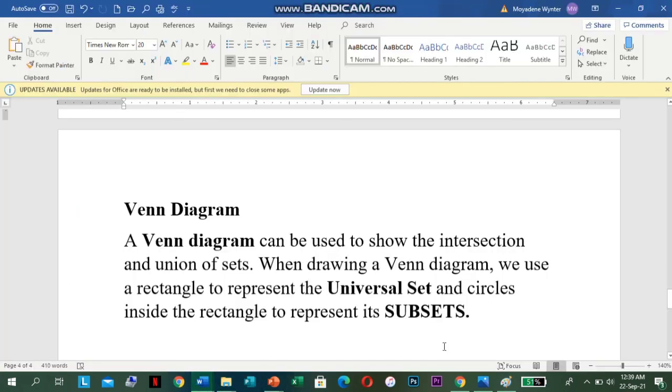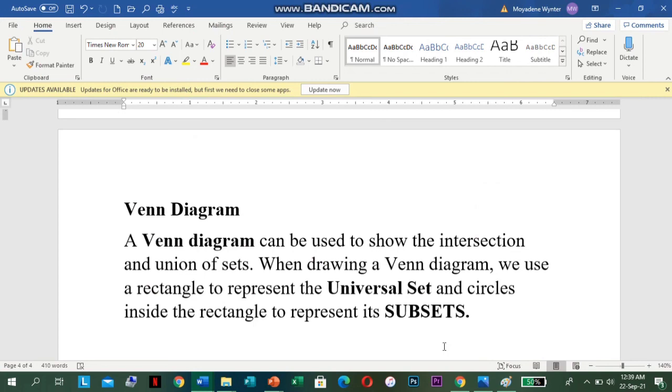It says a Venn diagram can be used to show the intersection and union of sets. We just represented that. Now it says when drawing a Venn diagram, we use a rectangle to represent the universal set, and circles inside the rectangle to represent its subsets. We already drew the circles, and we already showed the subsets of the universal set.